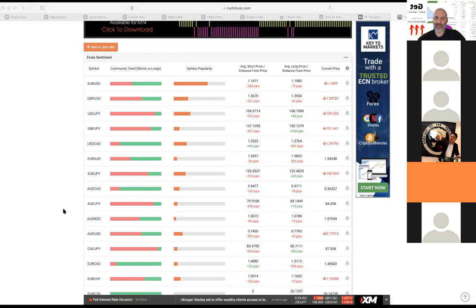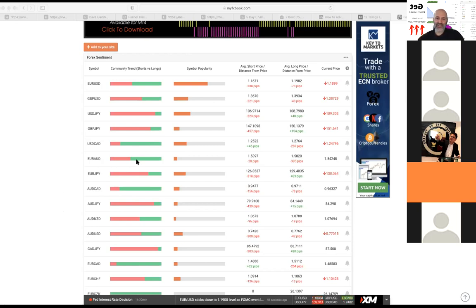A good rule to choose a sideways market is whenever you look at the MyFX book and you see that the buyers and the sellers are between 45% and 55%. This is like Euro US dollar. It's a sideways market now. GBP USD, it's a sideways market now.